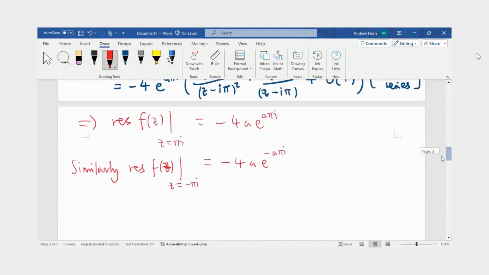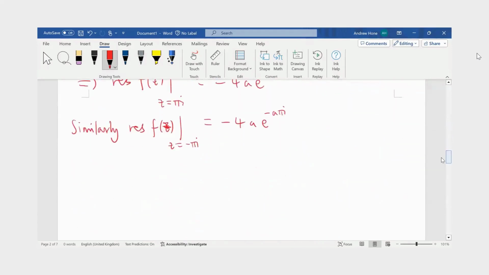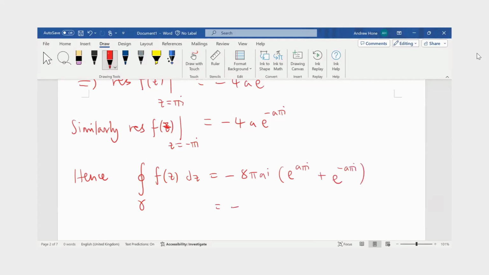So what that tells us then is the integral of this function around the contour gamma that we do around this rectangle is minus 8 pi ai times the sum of the exponentials, and that's minus 16 pi ai times cos of a pi.